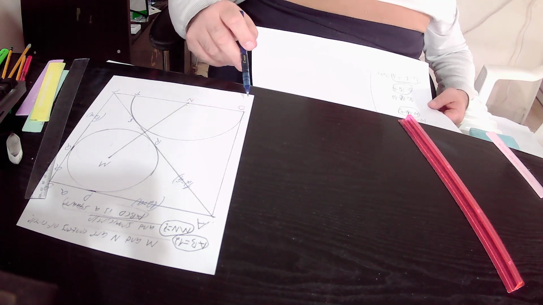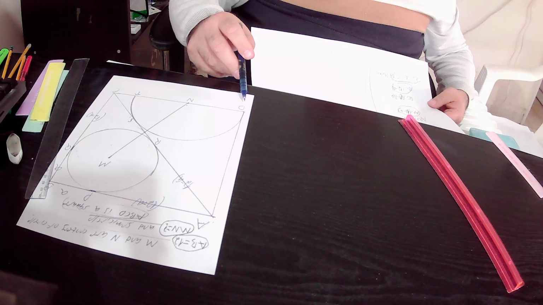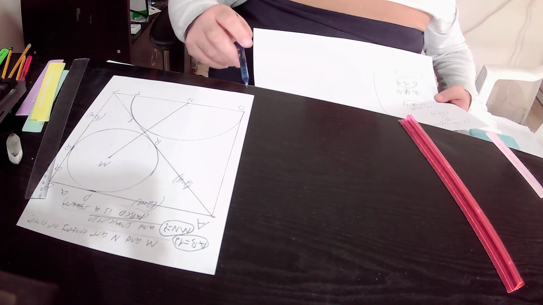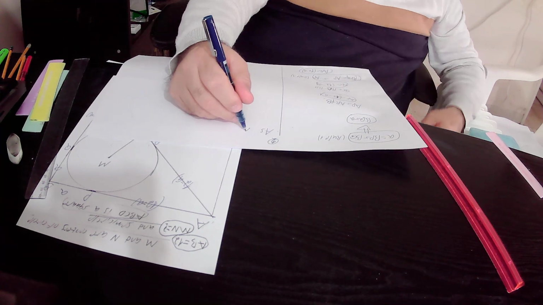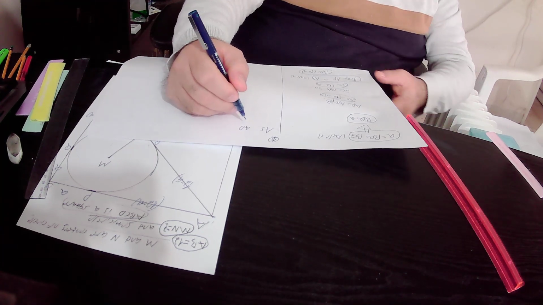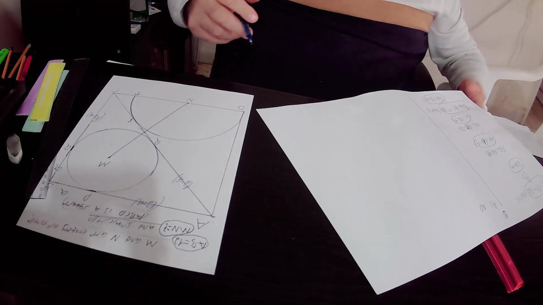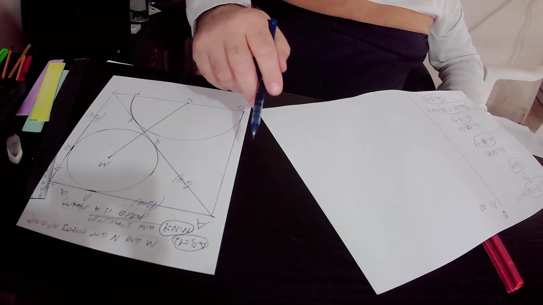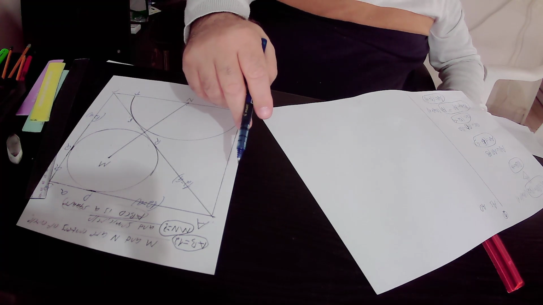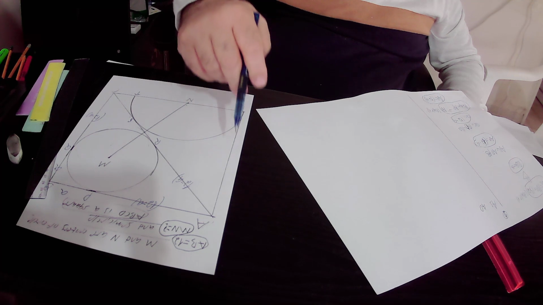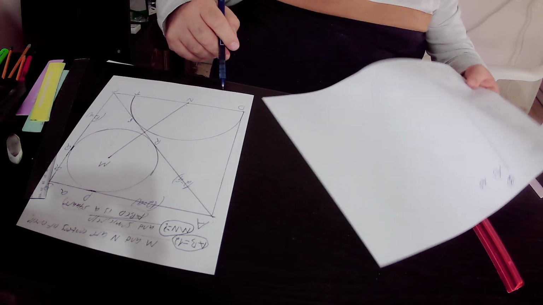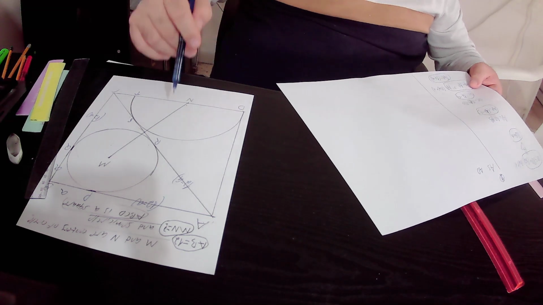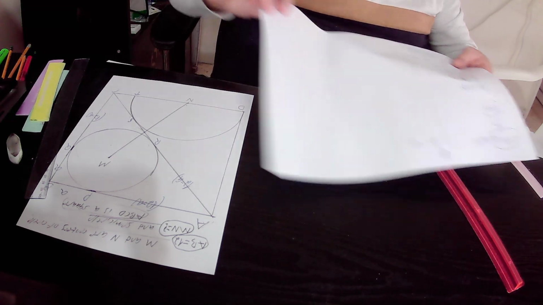AD is tangent to the semicircle at point D, the point of tangency. According to rule number 1, whenever you have two tangents from a common external point to a circle, the lengths of those two tangents are equal to each other. That is to say, AS equals AD.